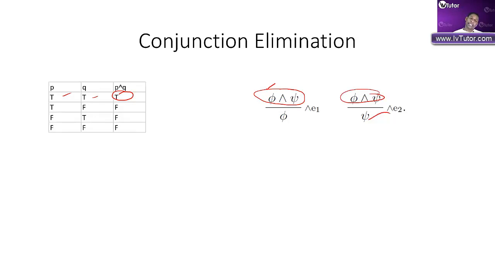So we say this is conjunction elimination on position one, and this is conjunction elimination on position two. These are the two rules that are associated with conjunction.